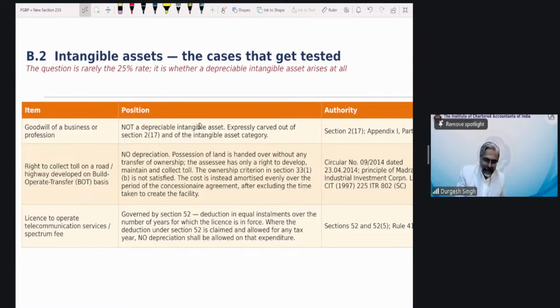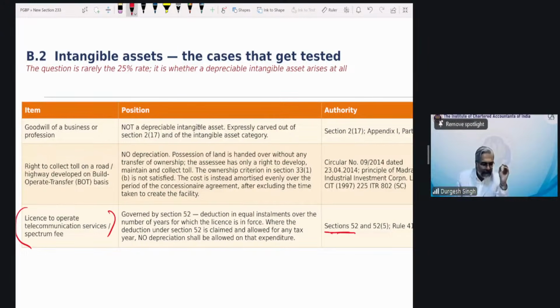So, the telecom license, students, primarily in the old Act it was section 35ABB. In the new Act, it is section 52. So the deduction for some licenses is given in an amortized manner, and it is separately covered in a separate section.